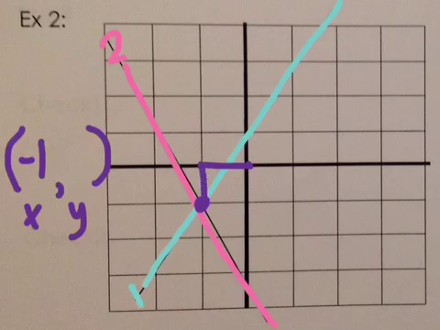When I go down, that's also in the negative direction, so -1. So the ordered pair that both of my lines go through is -1, -1, or when x is -1, y is -1. And I want you guys to write the two equations, the equation for each of the lines in example 2.